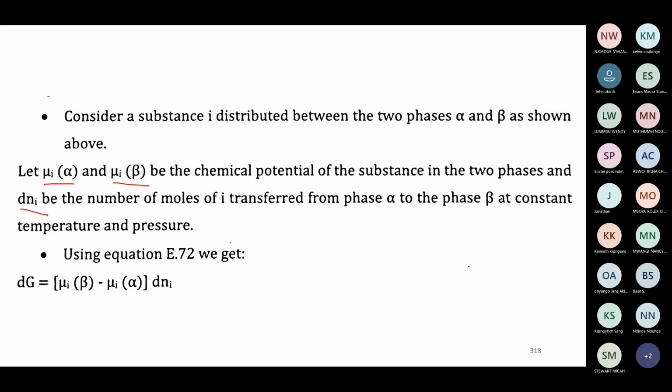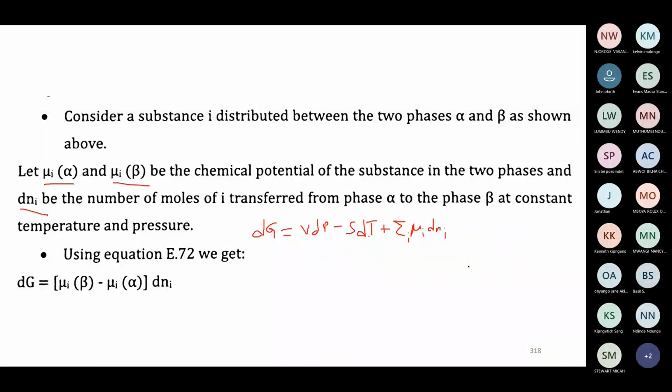remember we had this dG equals V dP minus S dT, plus the sum of all mu i dNi.